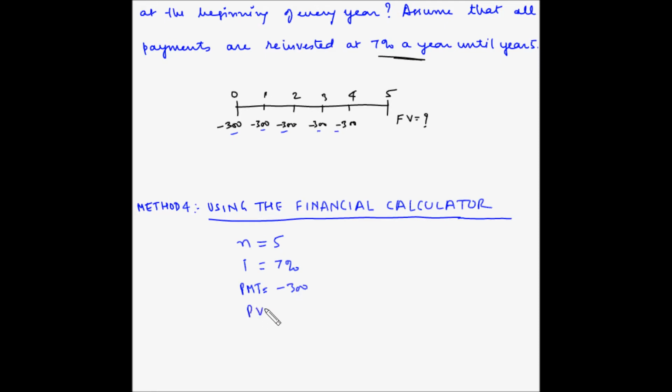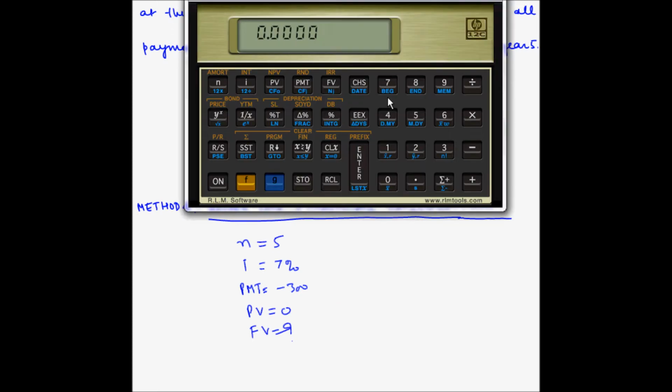The present value in this case is 0. And we have to find the future value of this annuity. So let me pull my calculator here. Now this is the case of annuity due, where the installments or the annuity amount of 300 rupees is being invested at the beginning of the year.